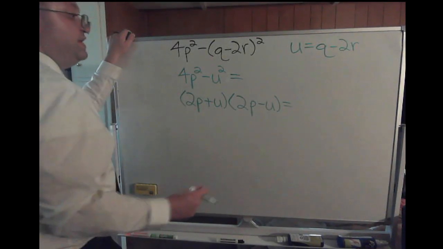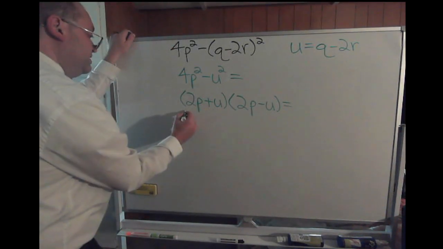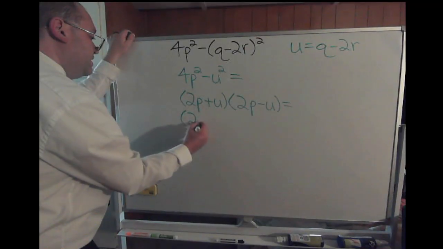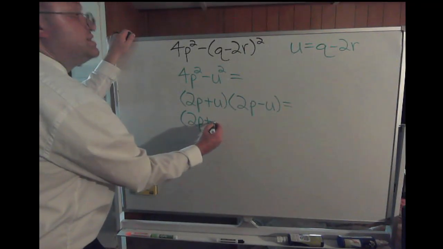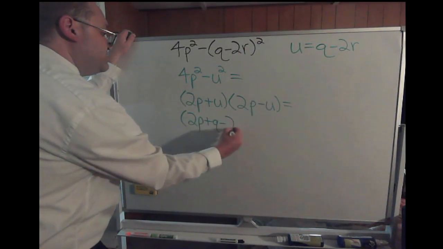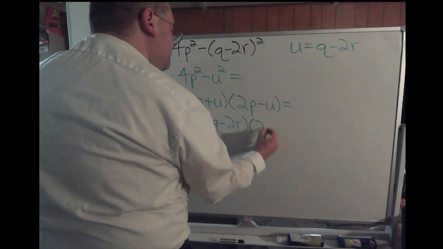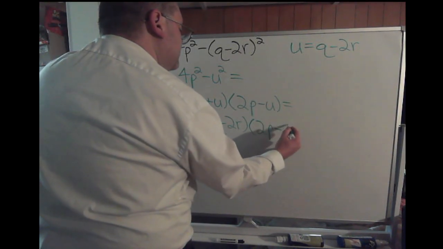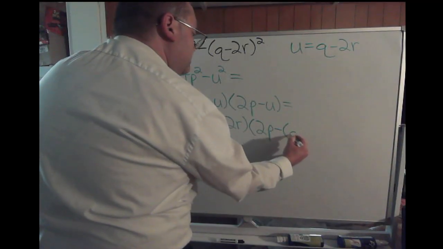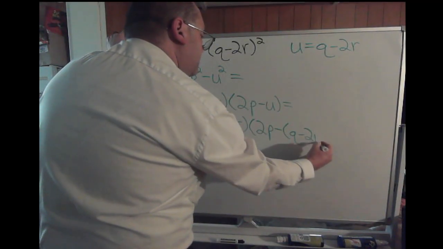Now you just put the value for u back in wherever you see the u. You would get the quantity of 2p plus q minus 2r times the quantity of 2p minus, now we're going to minus the q minus 2r.